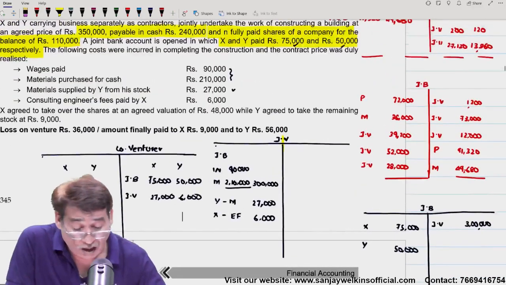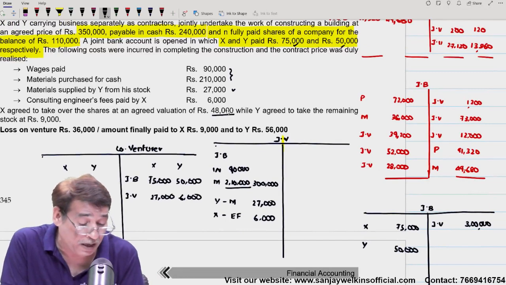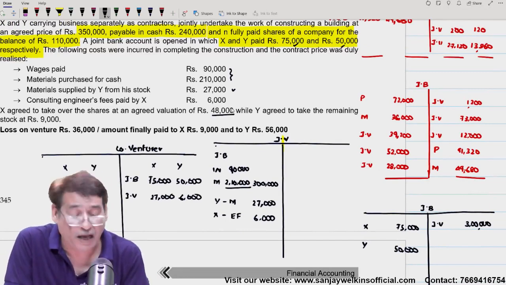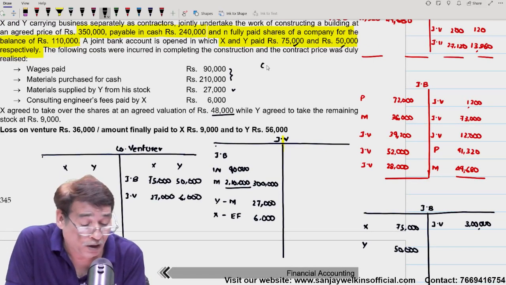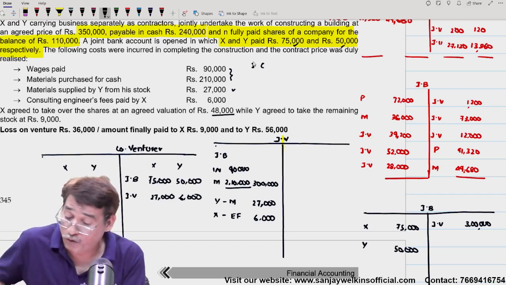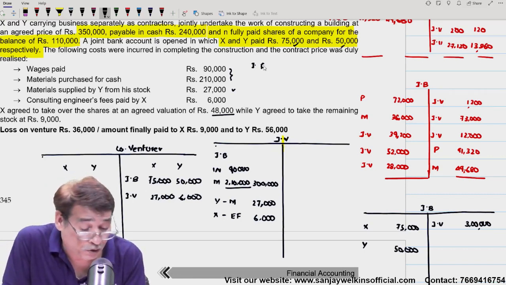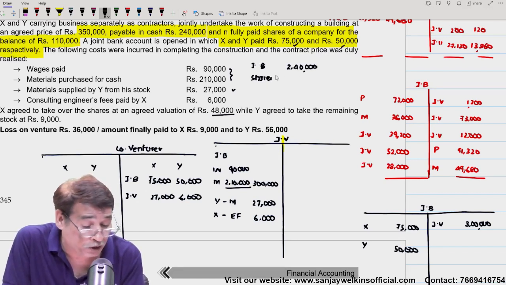So after this, it is given X agreed to take over the shares at 48. But before that, you will have to pass the entry for receipt of contract price. The portion which you are receiving in cash will be debited to joint bank account, and we are receiving 2,40,000 in cash. And we are receiving in shares 1,10,000.